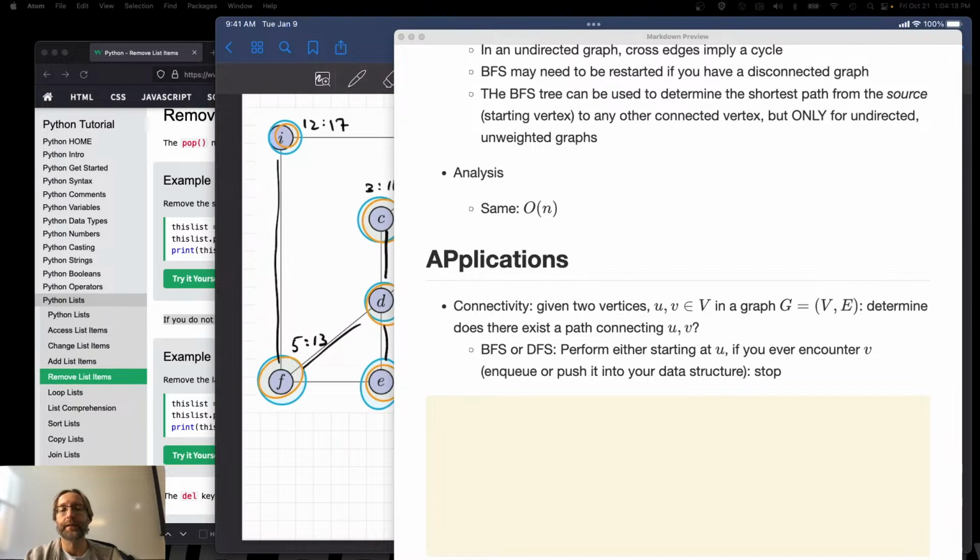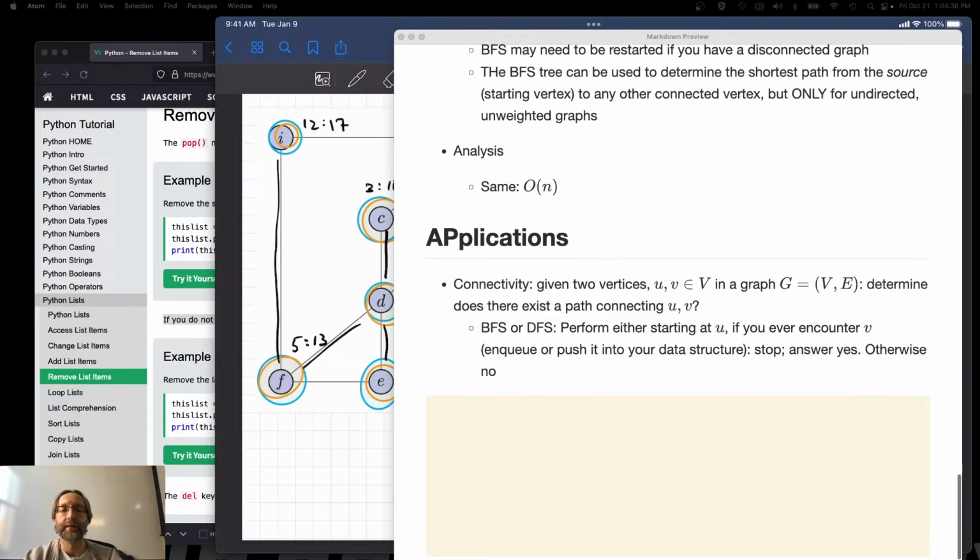Answer yes. However, if you have to restart BFS or DFS in order to get to it, that means that it's in a completely different connected component. There is no direct path. Otherwise, no. Pretty simple. Okay.